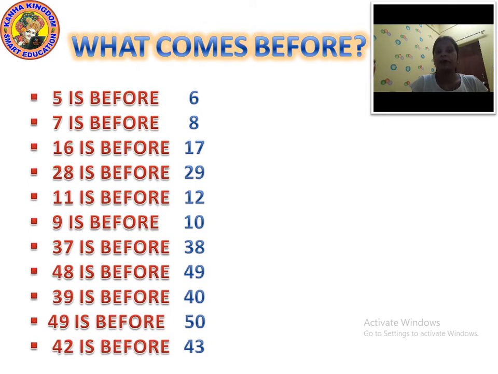What comes before? Okay, 5 is before 6. 5 comes just before 6. Now next is 8. 7 is before 8.